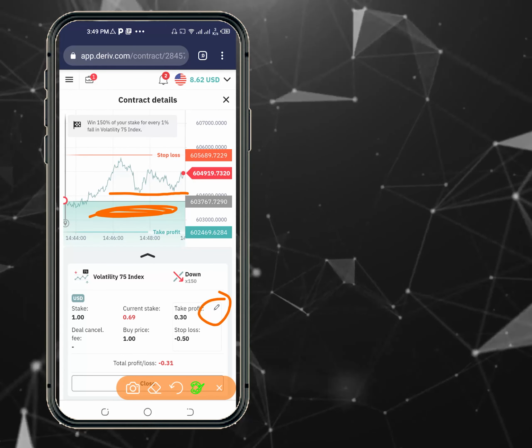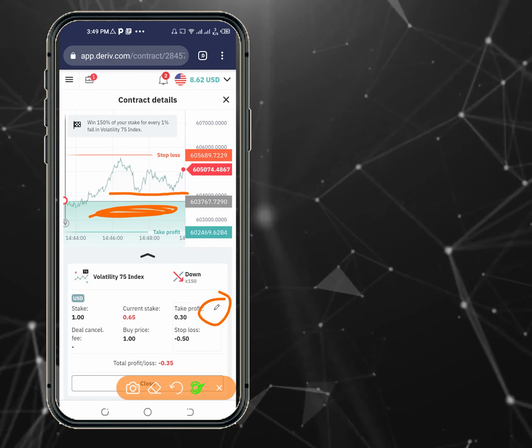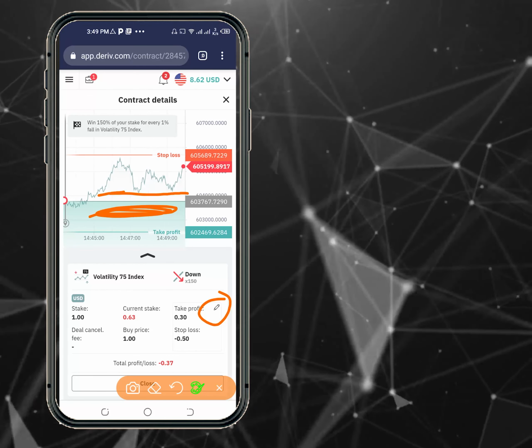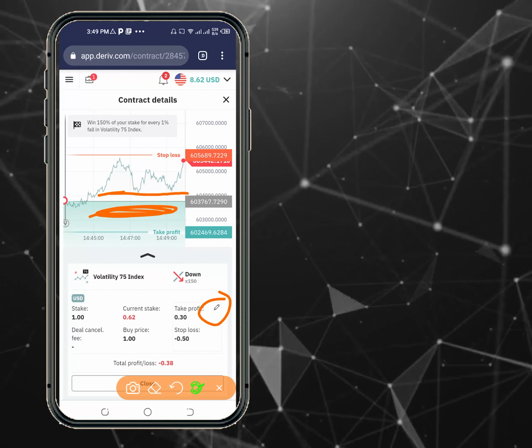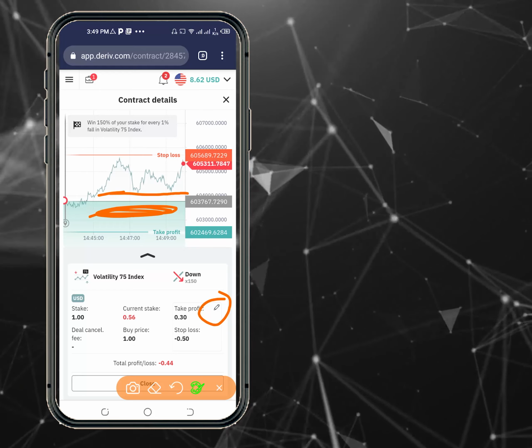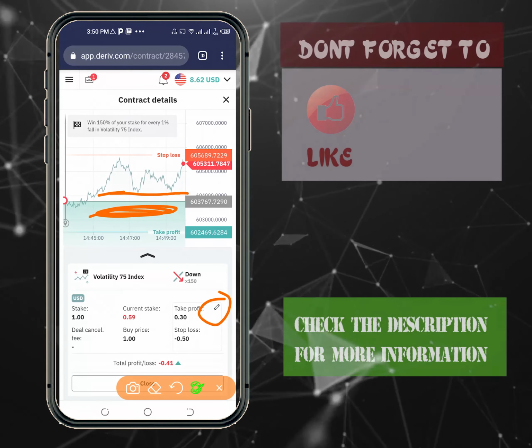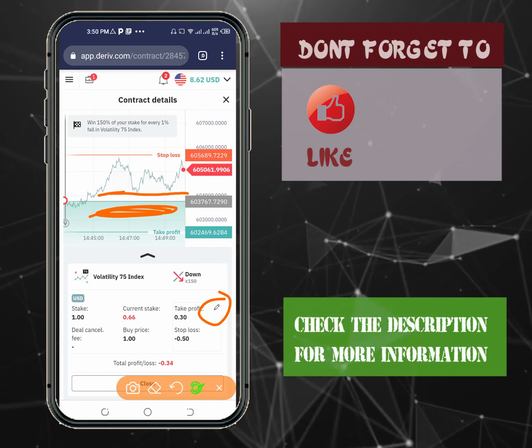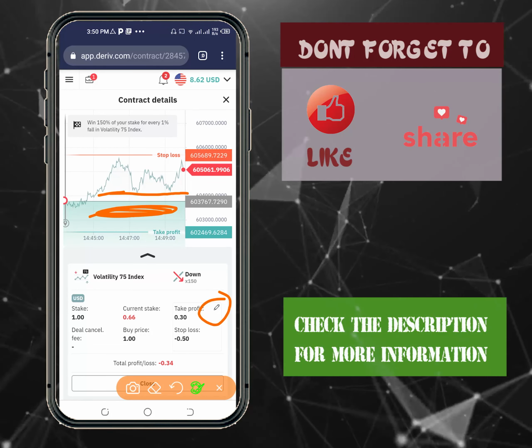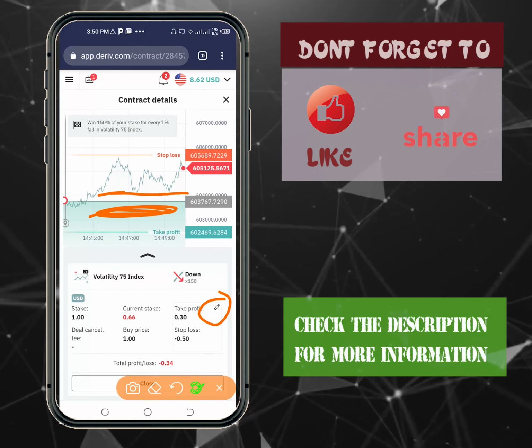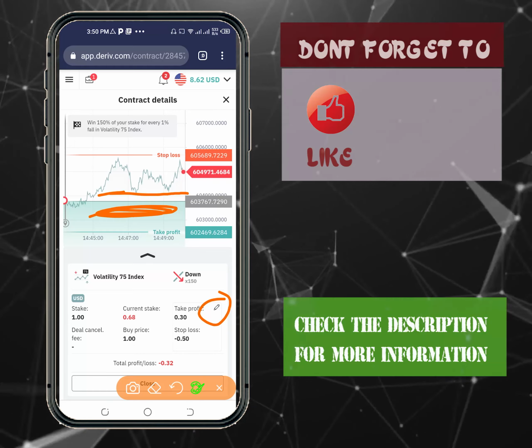It might likely get to my stop loss this time around. Let's see. Okay, it's going downwards. So if it doesn't make a new high, it means I'm still safe.